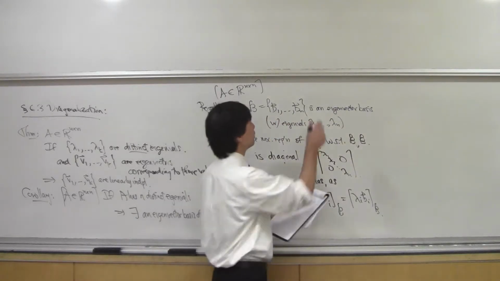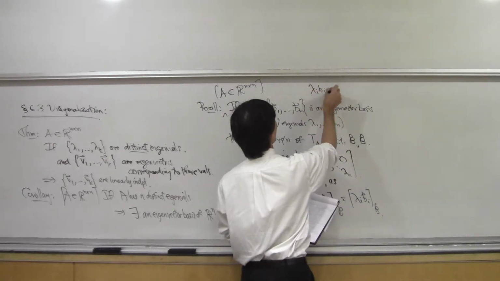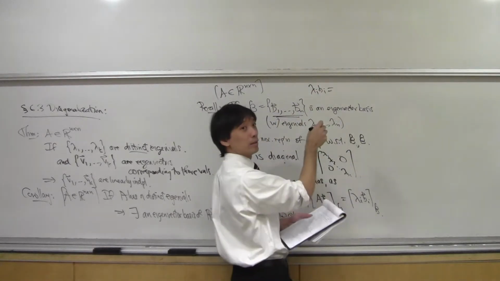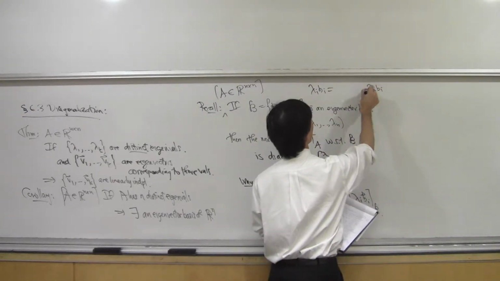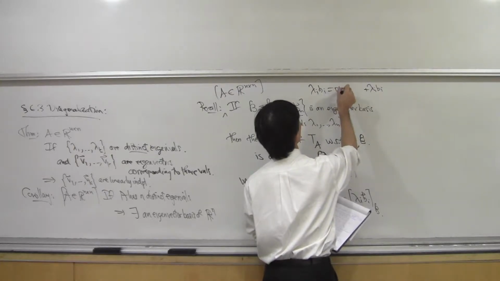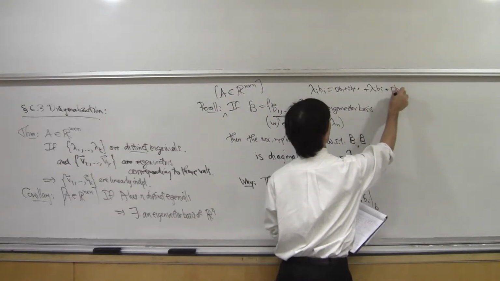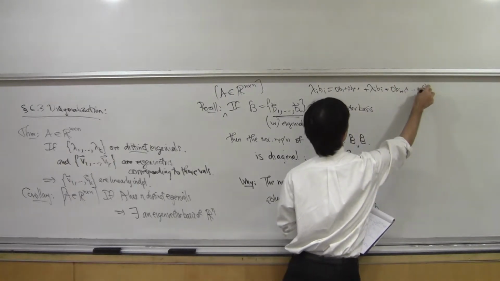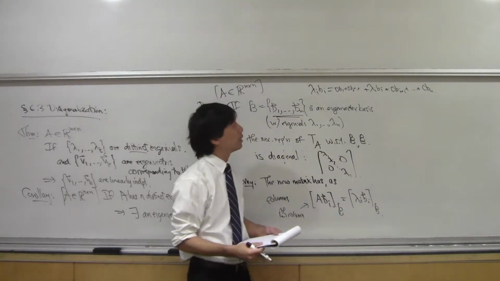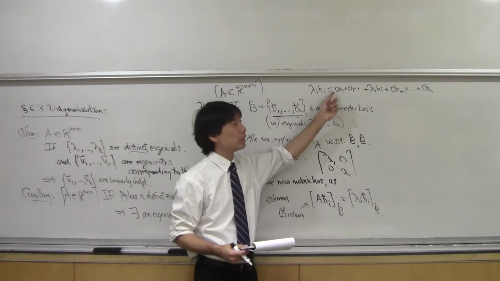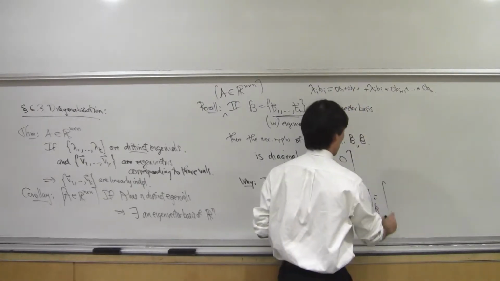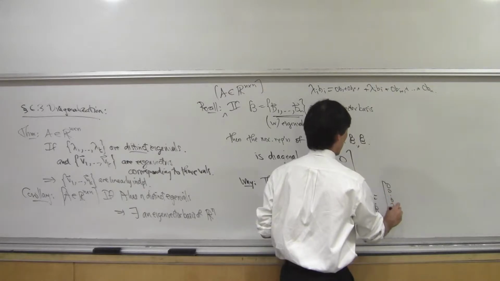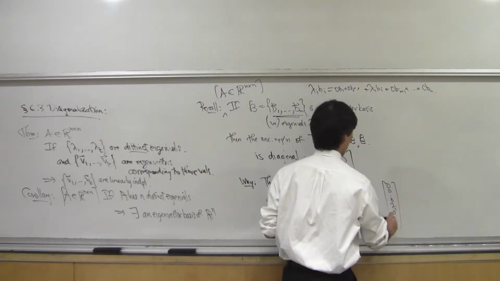How do you express lambda_i b_i as a linear combination of these guys? It's just lambda_i b_i and 0 of everybody else: 0 b1 plus 0 b2 plus lambda_i b_i plus 0 bn. So the coordinate vector is 0, 0, 0, lambda_i, 0, 0, 0.